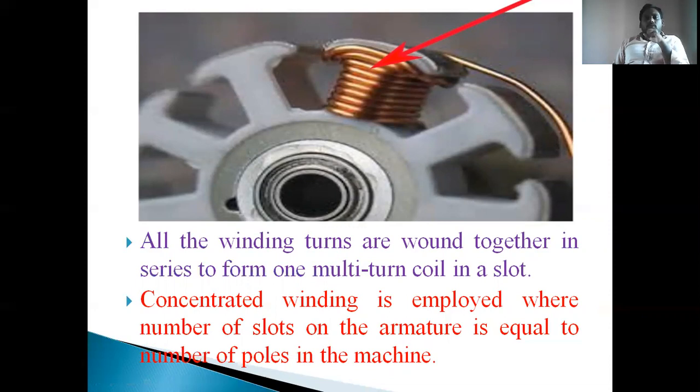Otherwise, we don't provide it because the remaining slots are empty. If slots are empty, what happens? There is an air gap, and flux is wasted. So that's why we don't prefer it when the number of slots is not equal to the number of poles.